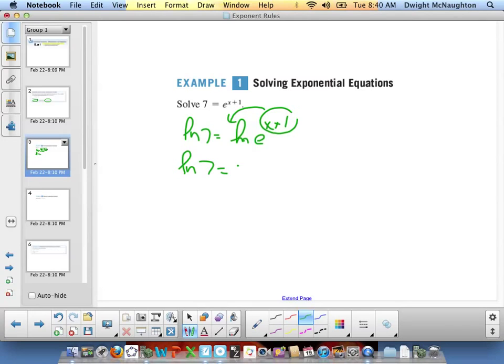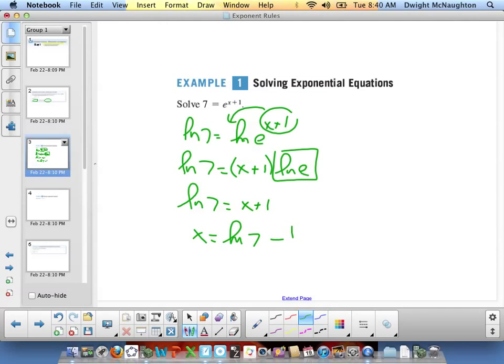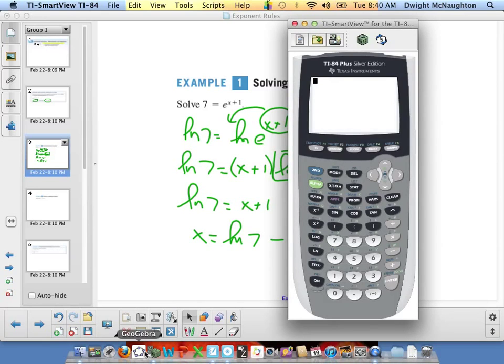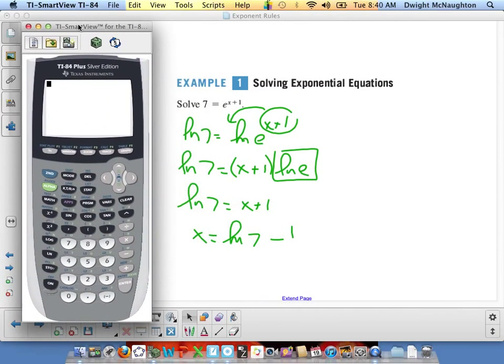Natural log of 7 equals x plus 1 times the natural log of e. Natural log of e is 1. So the natural log of 7 equals x plus 1. Subtract 1, x equals the natural log of 7 minus 1. Natural log of 7 minus 1 is 0.9459.